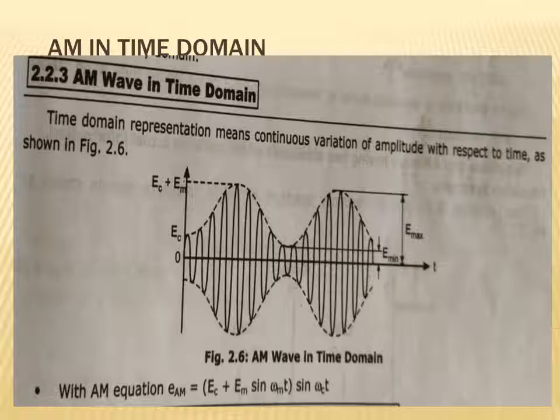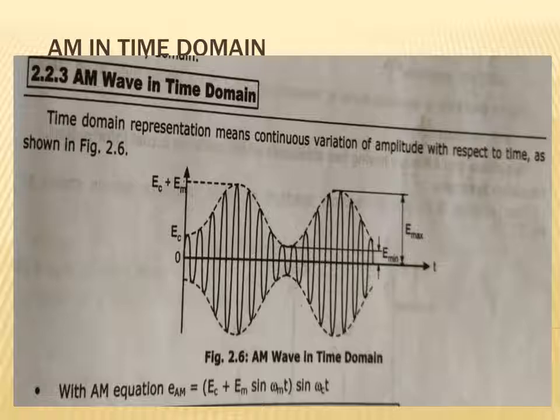The AM wave in the time domain means your AM modulated signal. The time domain representation means continuous variation of amplitude with respect to time. So in the AM signal there is a continuous variation of amplitude with respect to time, which is shown in the figure.